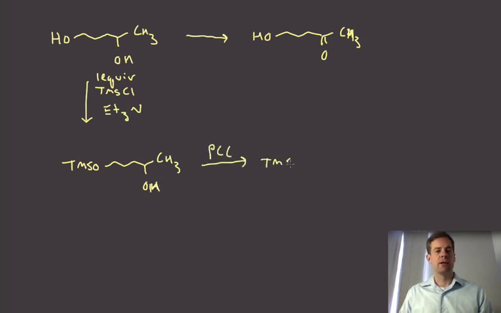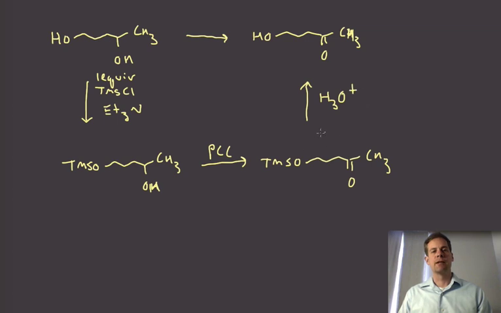And now we don't have to worry about selectivity because we only have one free hydroxy group. Okay, and there's our oxidized secondary alcohol. And now the final step is to simply deprotect, remove the silicon group, and there we've got to our product. Okay, so those are two examples of how we can use silyl protection to do selective chemistry with alcohols.